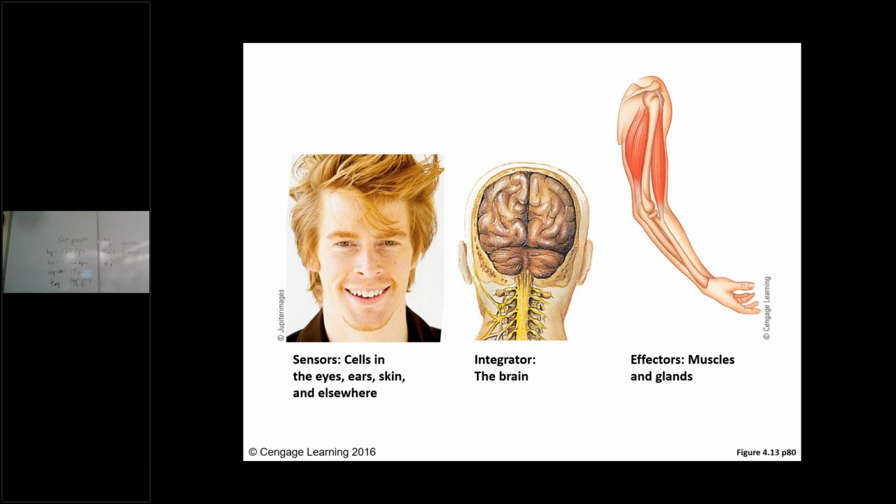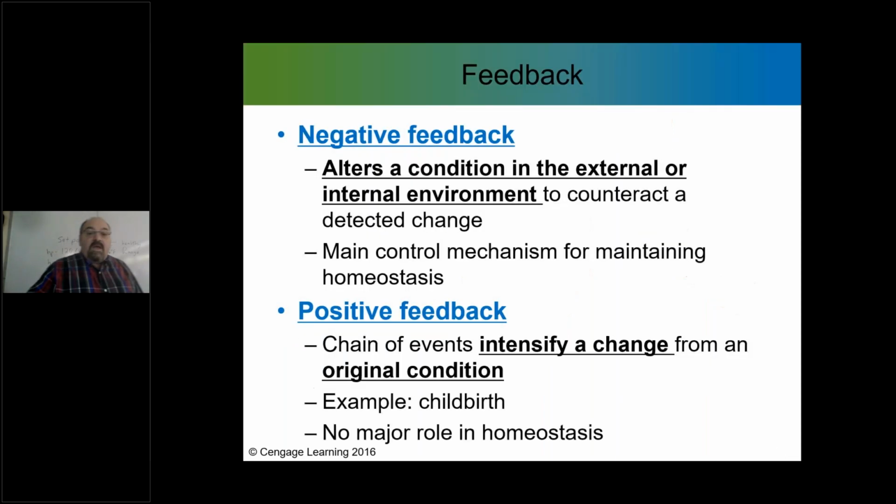You touch something hot, you touch something sharp, and you're not even thinking about it when you're doing it, it just happens. That's a reflex, right? Withdrawal reflex. But still, those are sensors that are saying, hey, that's sharp, that's hot, remove away, you're not going to damage the skin. So that's the brain, and then the muscles and glands can respond to that activity. So here are the terms that I want you to know about how the body will then maintain.